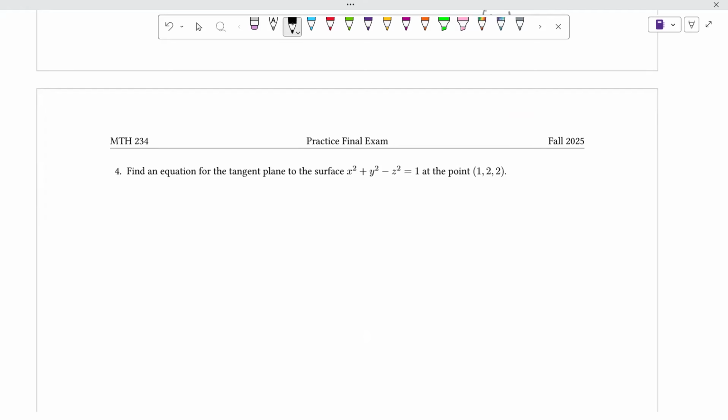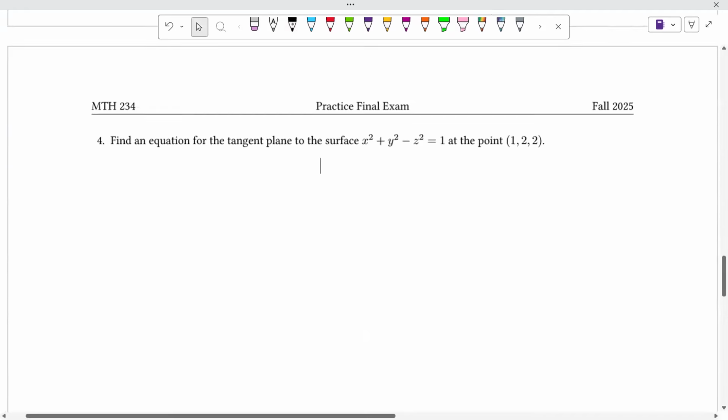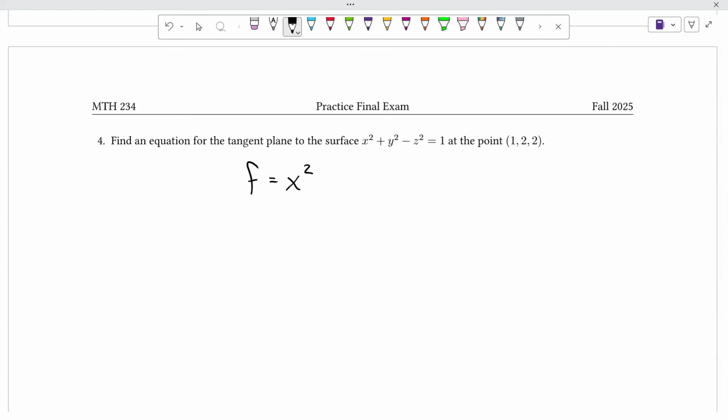Alternatively, what I think is the better option, though admittedly slightly more conceptual. The function f of x, y, and z is equal to x squared plus y squared minus z squared minus 1 equals 0.